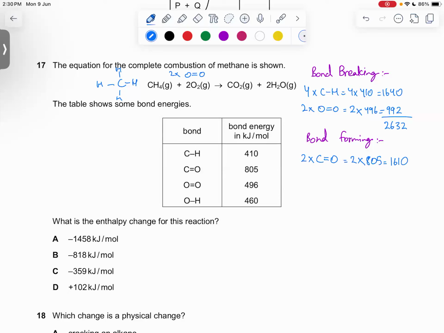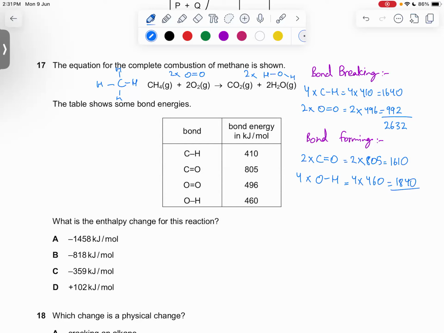Then we have 2H2O. H2O is made up of HOH and there are two of them, meaning a total of four hydrogen oxygen bonds. So this means 4 multiplied by the bond energy of OH, 460. 460 multiplied by 4 is 1840.